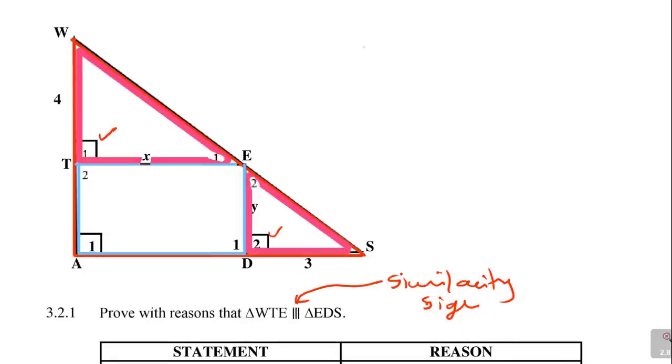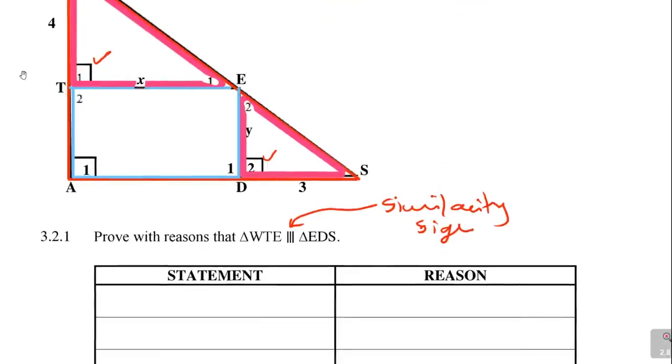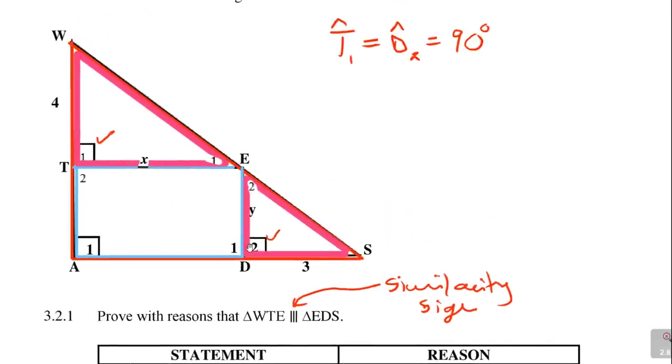So we can say angle T1 is equal to angle D2, which is equal to 90 degrees. Let me put it in the statement here. Angle T1 is equal to angle D2, which is equal to 90 degrees. What is the reason? This is given to us. You agree with me? This is given to us. Okay, so we've got a 90 degrees angle.